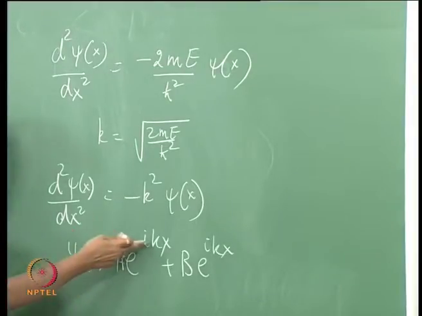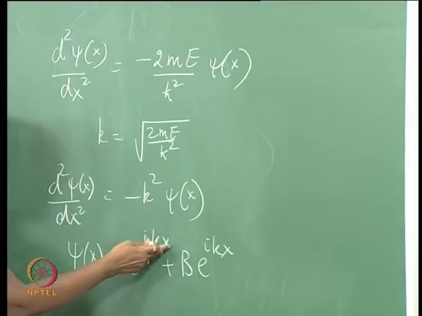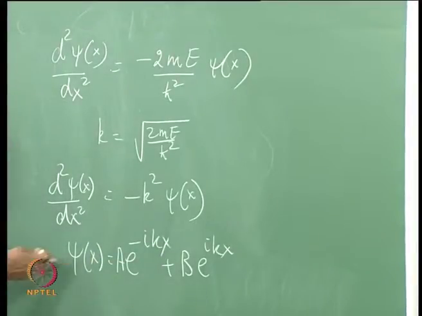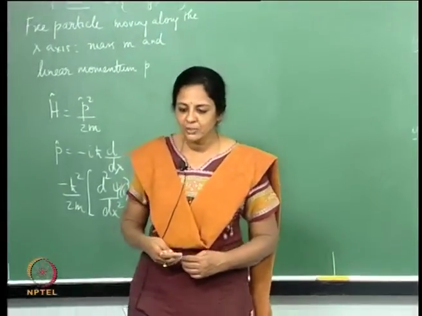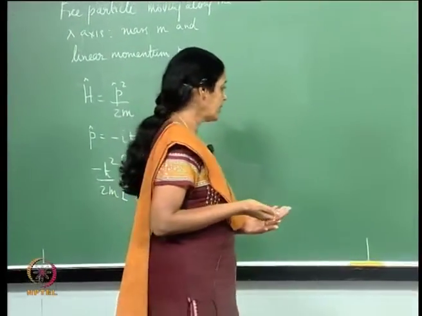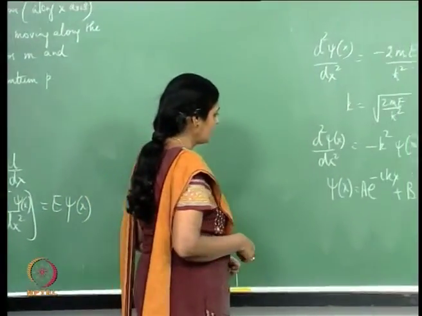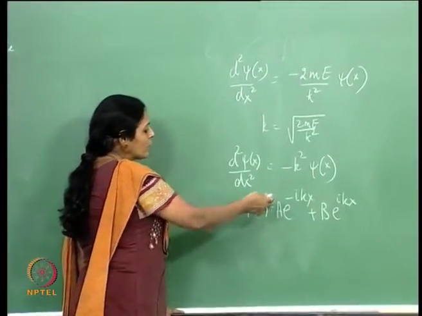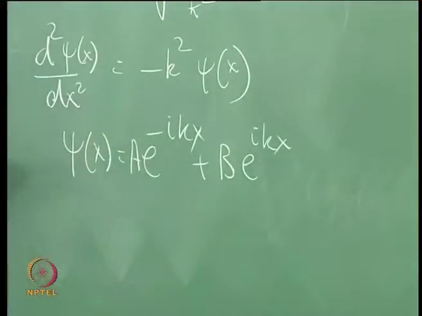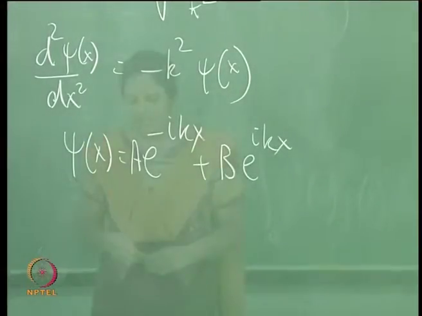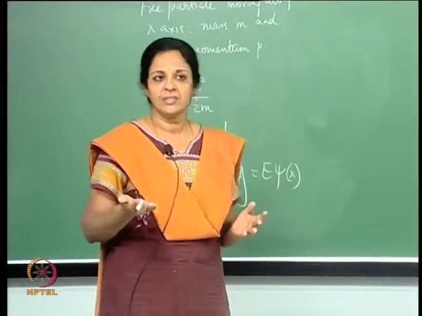k is simply a number, and as x changes, psi also changes. A and B are constants, and they are to be determined from boundary conditions on psi. One thing is pretty obvious, that the solution is essentially a harmonic wave.